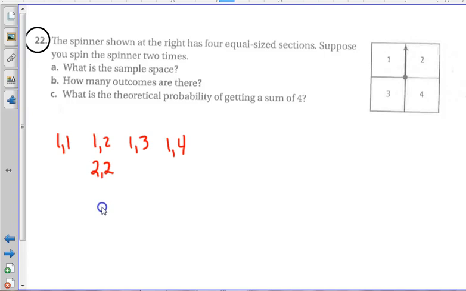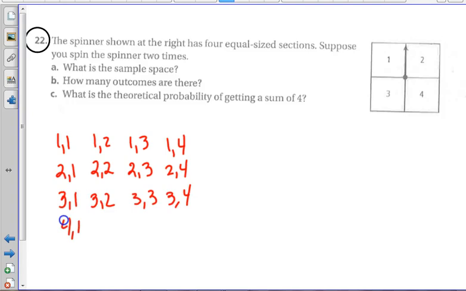Right. So you did 2 and a 1, 2 and a 3, 2 and a 4, 3 and a 1, 3 and a 2, 3 and a 3, 3 and a 4, or 4 and a 1, 4 and a 2, 4 and a 3, 4 and a 4. Okay?